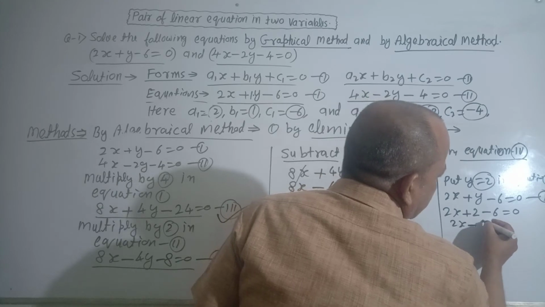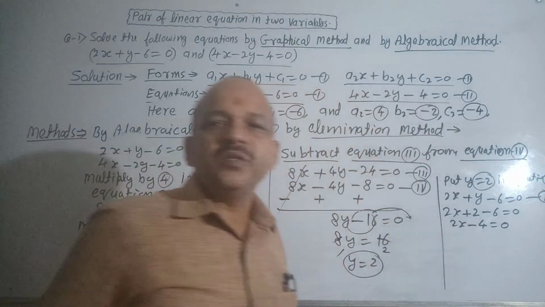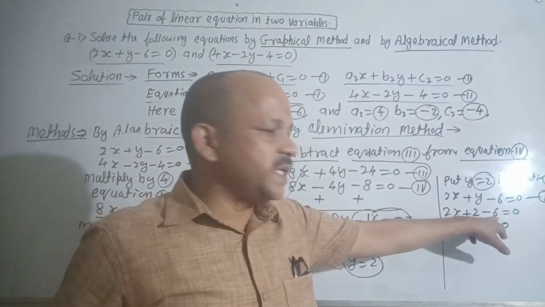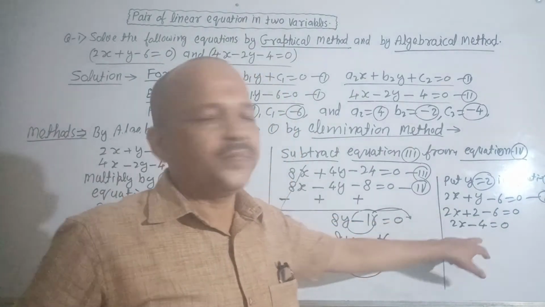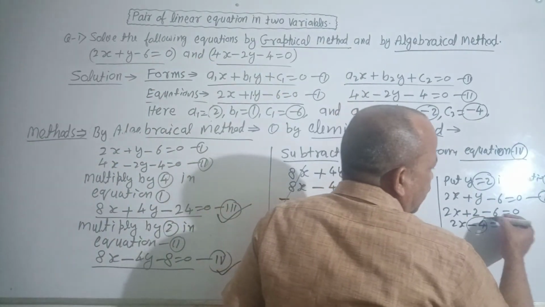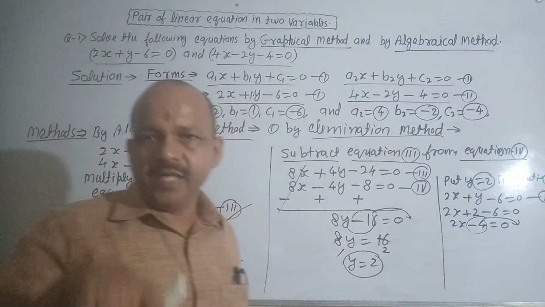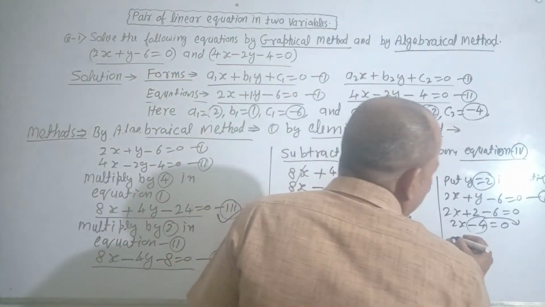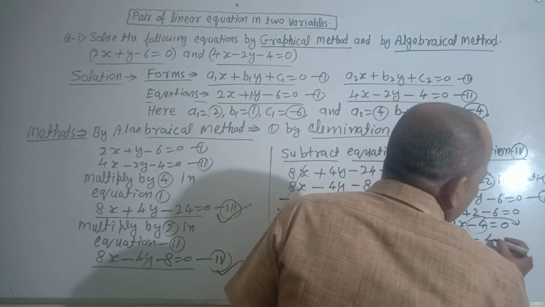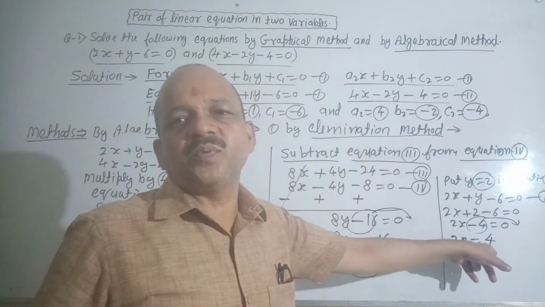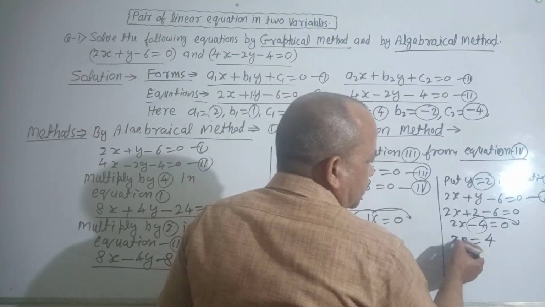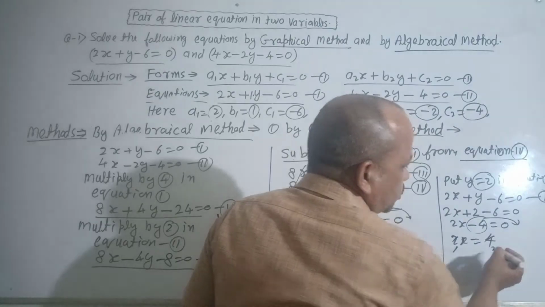2x minus 4 equal to 0. Here plus 2 minus 6 become minus 4. You write minus 4 on right side of equal. 2x equal to 4. It become plus 4. You cut it. 2 ones are 2, 2 twos are 4.